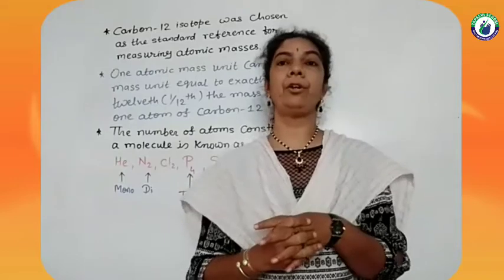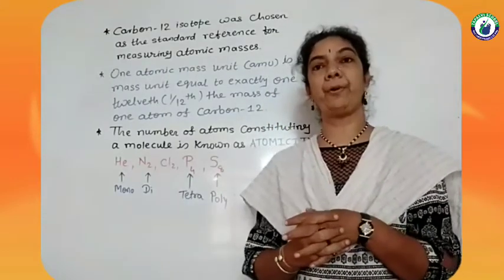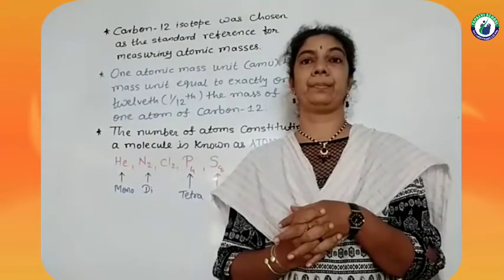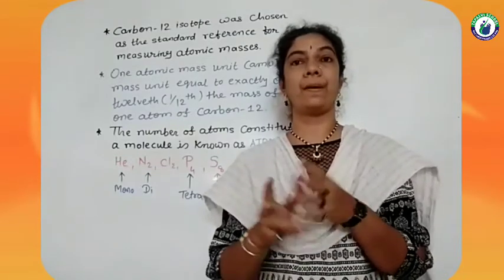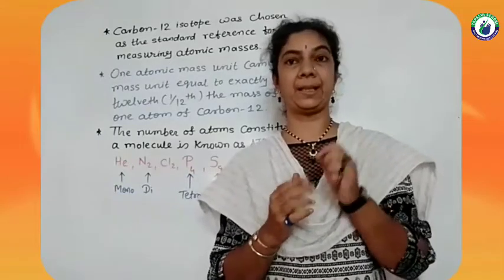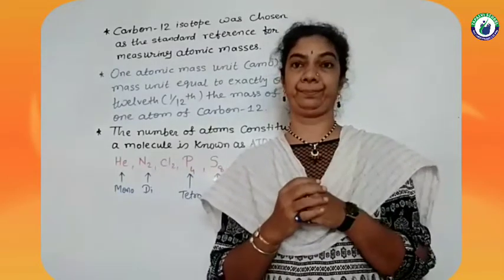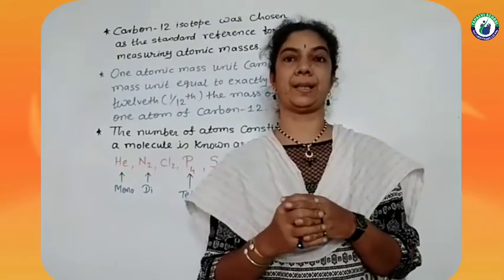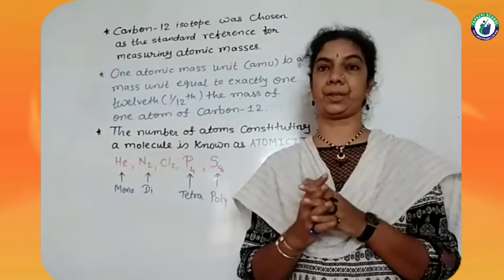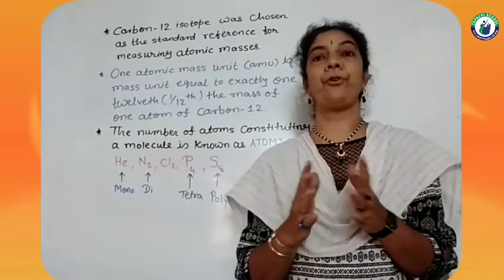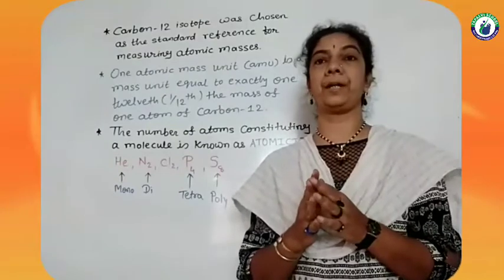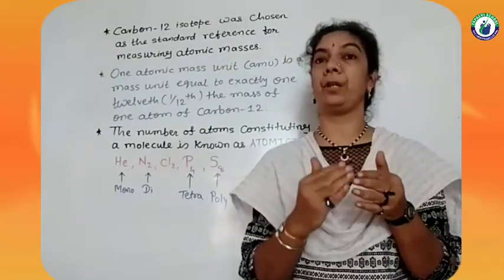After the measurement of atomic mass, the next important question is: does an atom stay single? Does it exist individually? The answer is that a single atom does not exist, except for a few inert elements, whose atoms are present as single individual units.